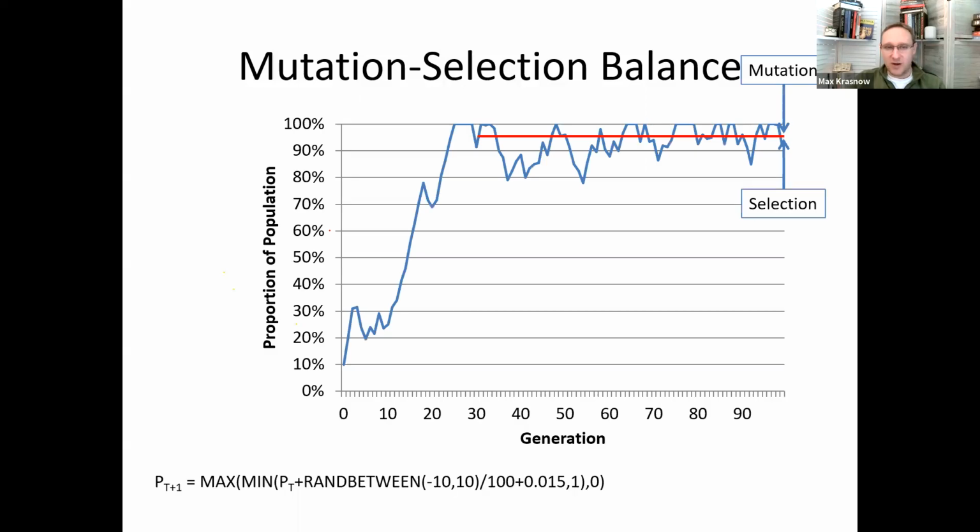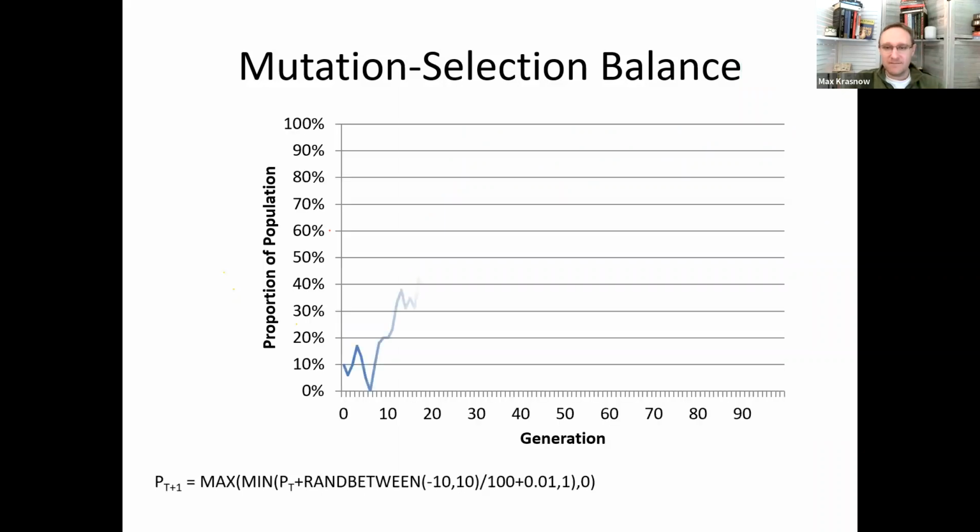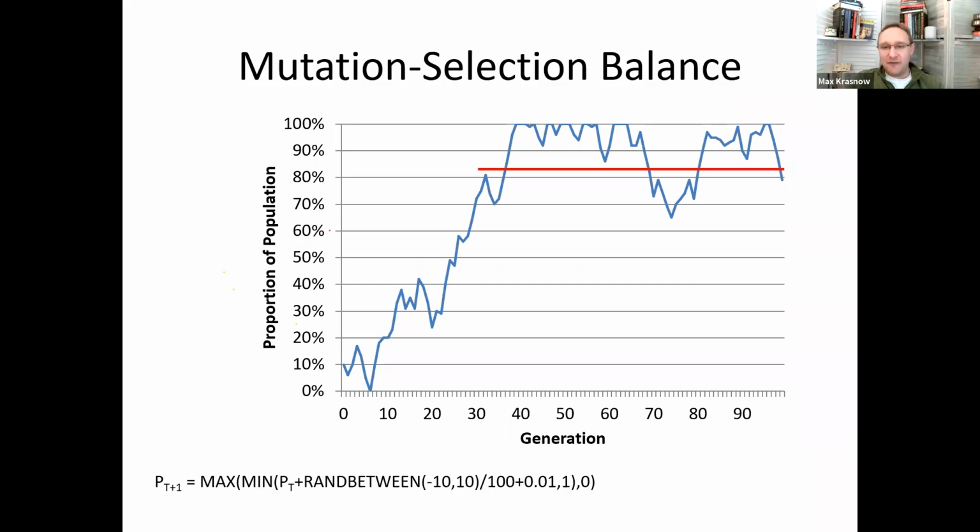Compared to this model, where selection was a 0.015, in this model, selection is a little weaker. It's only a 0.01. And when selection is weaker, we can see that the average point of mutation and selection balance is leaving a bigger reservoir of variance. And that's all due to the weaker force of selection that's pushing against mutation.